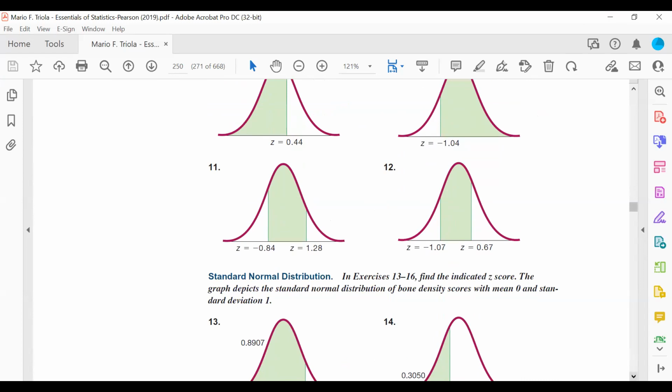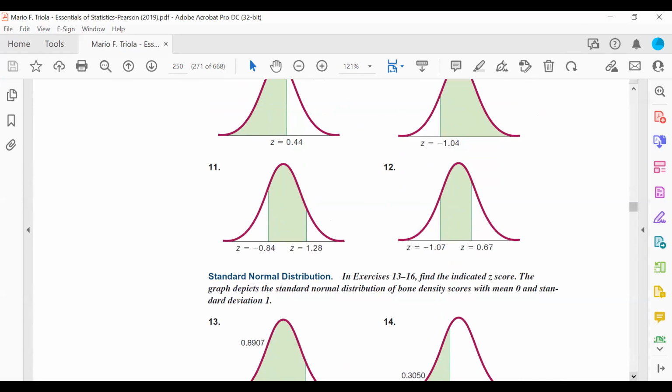Number 11 reads, okay, now how do we write number 11 as a probability? Notice that the green region is between negative 0.84 and 1.28.